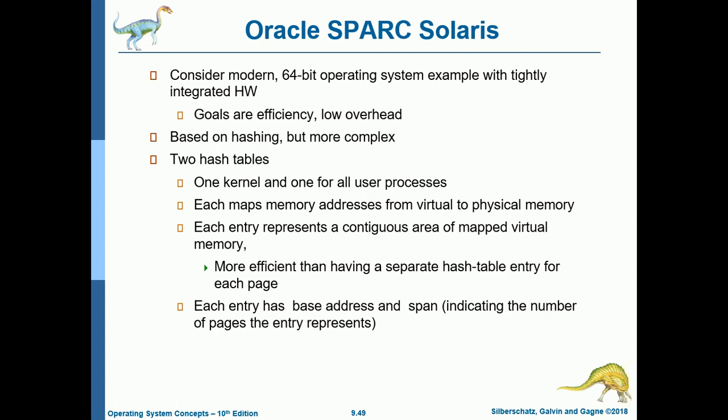This is based on hashing but more complex because it uses two hash tables, one for the kernel and one for all user processes. Each maps memory addresses from virtual to physical memory. Each entry represents a contiguous area of mapped virtual memory, which is more efficient than having a separate hash table entry for each page. Each entry has a base address and a span, which indicates the number of pages the entry represents.